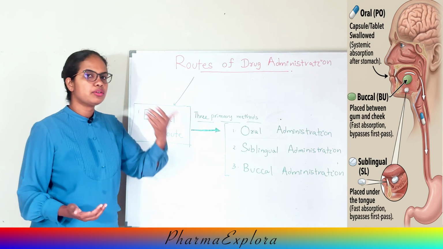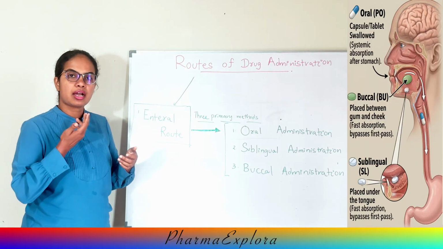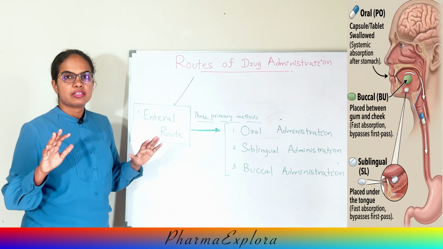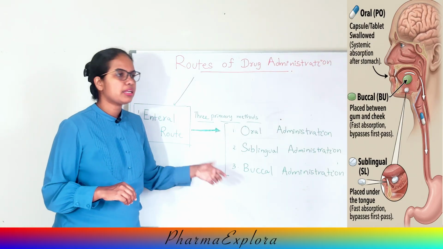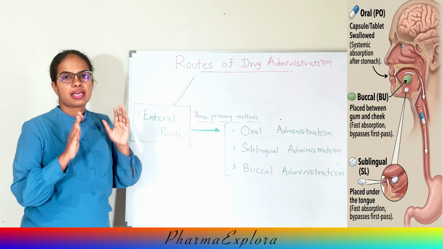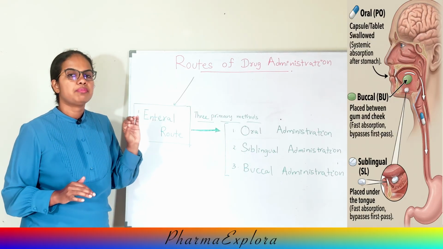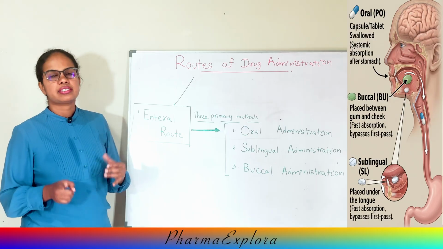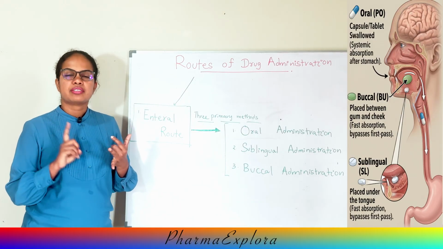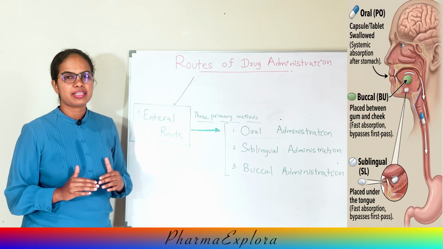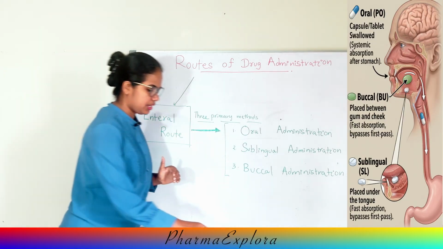In sublingual, you keep the pill under your tongue until it dissolves and gets absorbed. In buccal administration, you keep the drug between your cheek and gum. You don't swallow the pill in either. This enteral route is the most common, most convenient, and the safest route of administration available today.